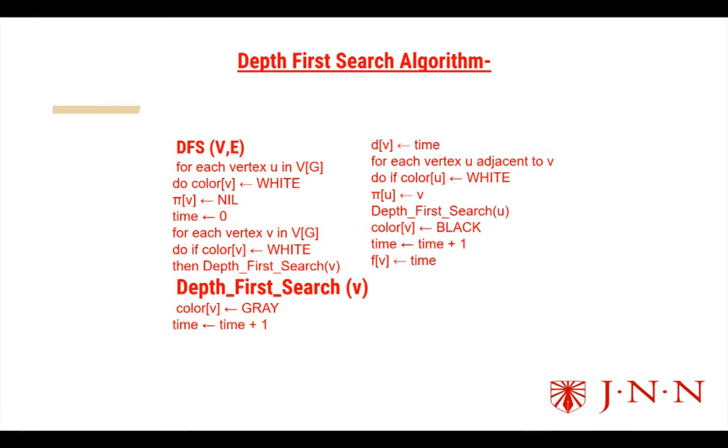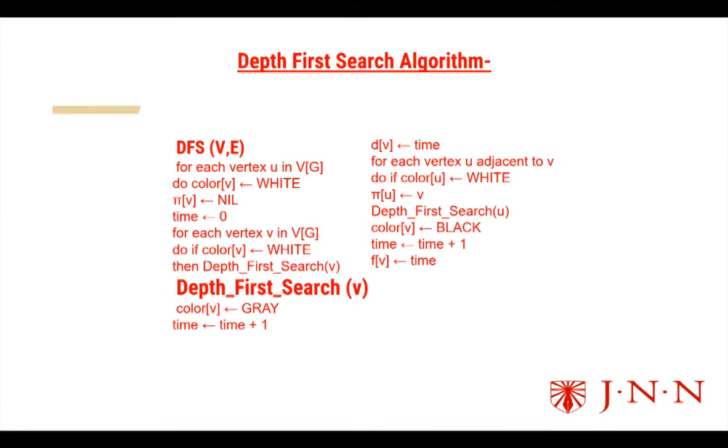It does not contain any predecessor node, that's why the pi variable is denoted as nil. And initially, since it is the very starting point of time, we follow the universal clock time, so when we process the very first node, the time is 0.